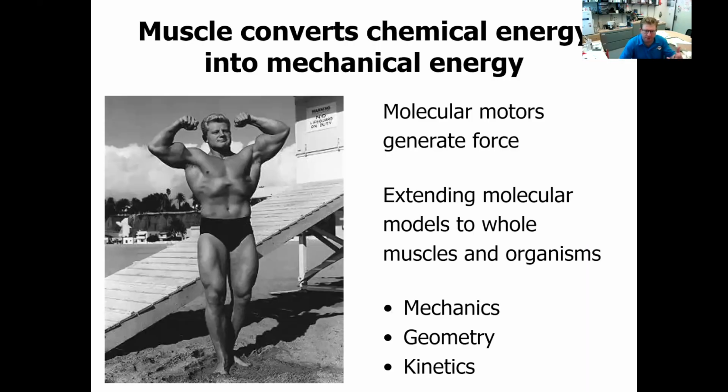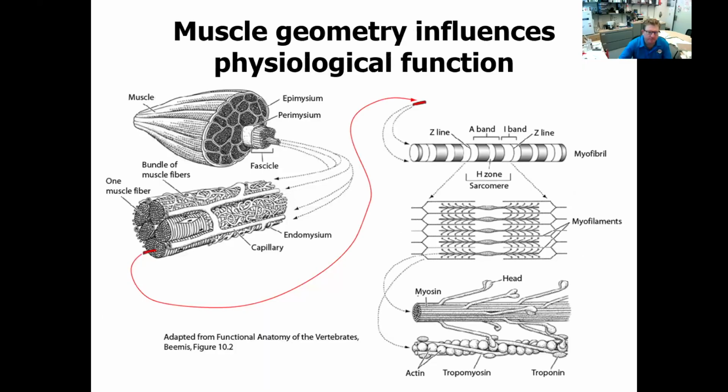And so, as we've all mentioned, the basic components of muscle are turning chemical energy into mechanical energy. The tenets that we try to describe there are the mechanics, the geometry, and the kinetics that might underlie this.